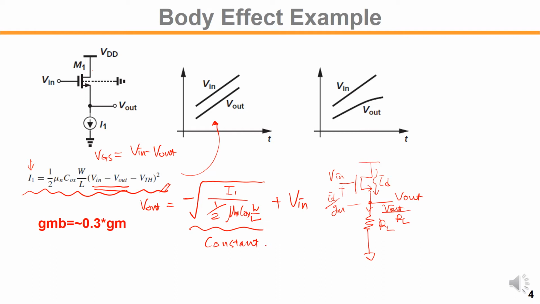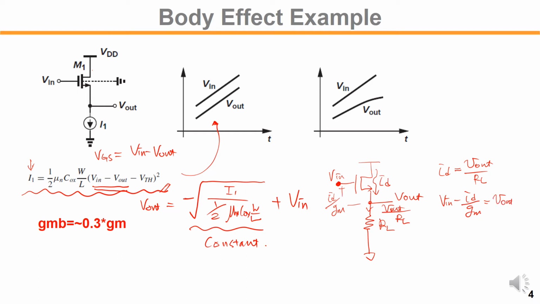For the small signal variables, the first equation is ID equal to Vout over RL, and the relationship between Vout and input comes from KVL: Vin minus ID over gm equals Vout.